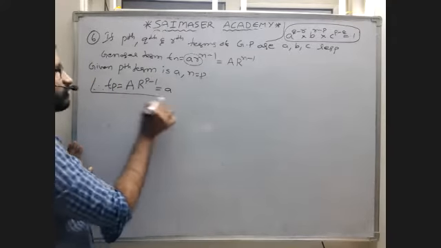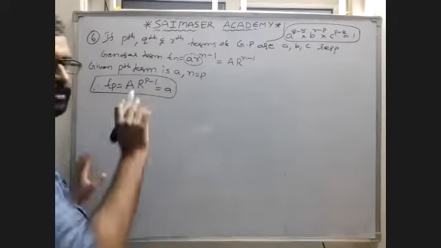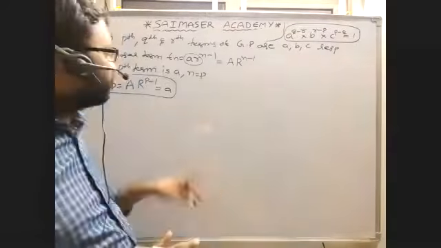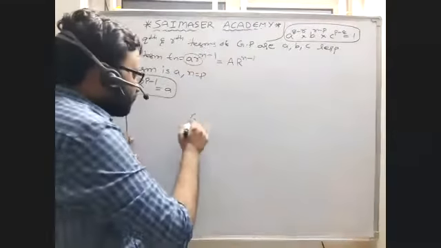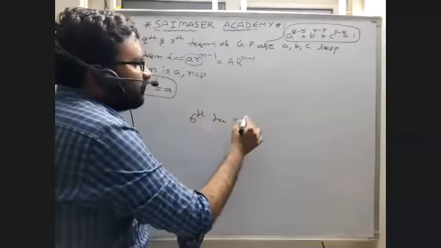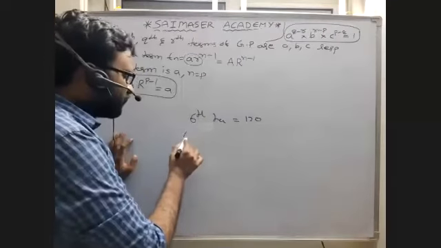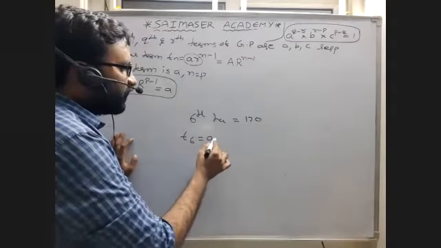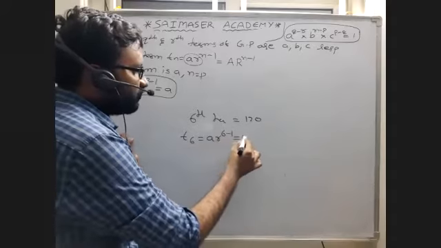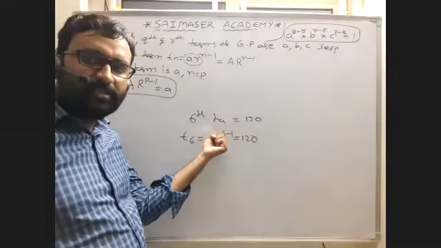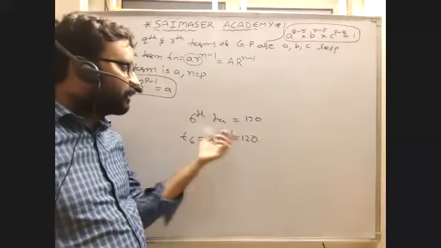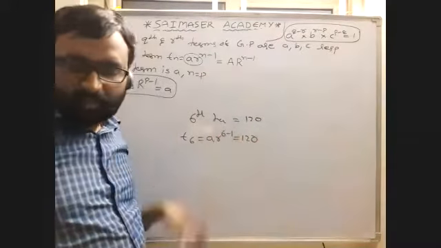A. This is a very important step. What is given data we are writing, that is very important. Given pth term is a. If the sixth term is given as 120, then we can write what? T6 is equal to a r power 6 minus 1 is equal to 120 we will write. Why? Because this is the sixth term, given 120. Like this we will write.